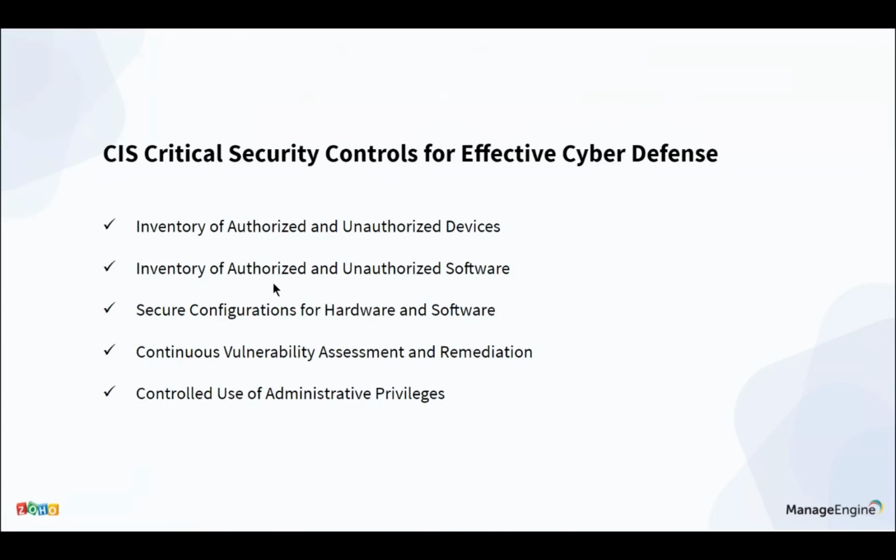How effectively can you reduce the use of administrative privileges for the users, but still enable them for remote work while they're at home without hampering productivity, and still get a hold of controlling the administrative privileges. So these are the top 5 critical CIS controls that CIS says would typically reduce your attack surface when it comes to ransomware or other attacks.